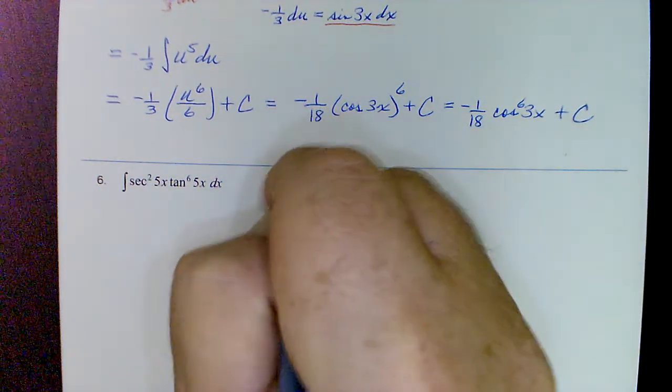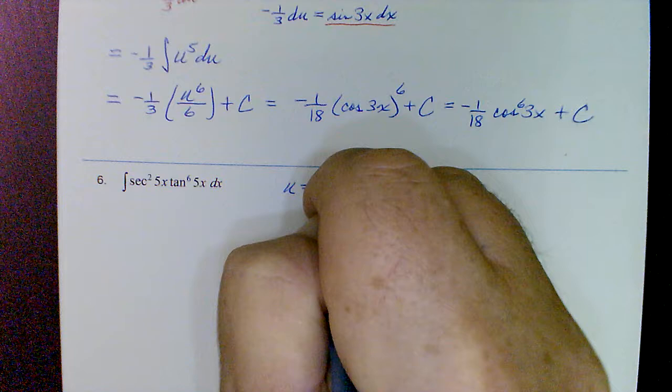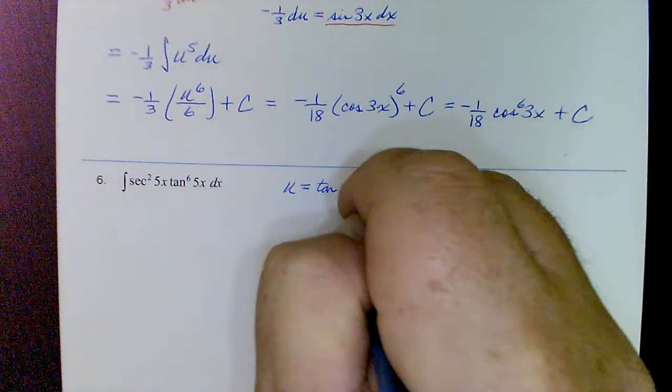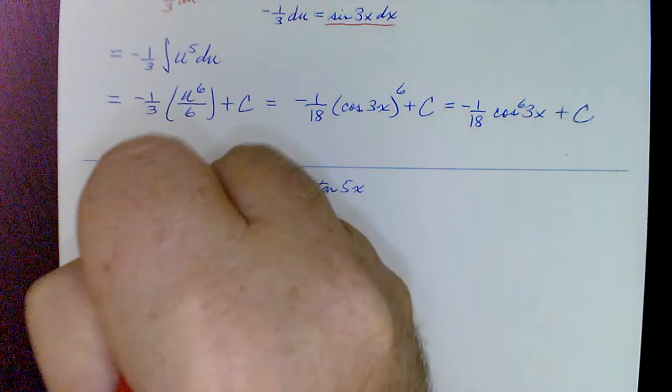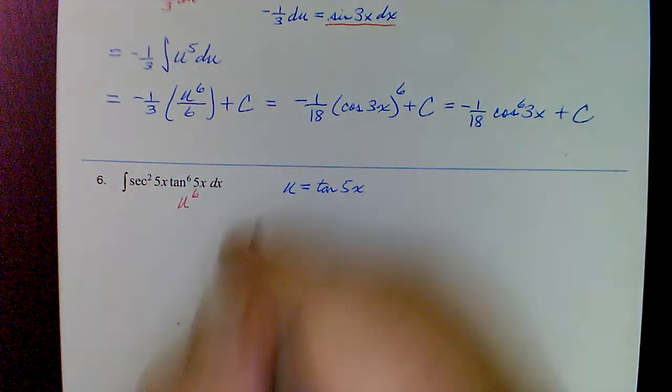So in an attempt to fit the form of u to the n, we're going to pick u to be the tangent of 5x, not the power, because the power's going to be accommodated in the formula for u to the n, in particular in this case u to the 6th.